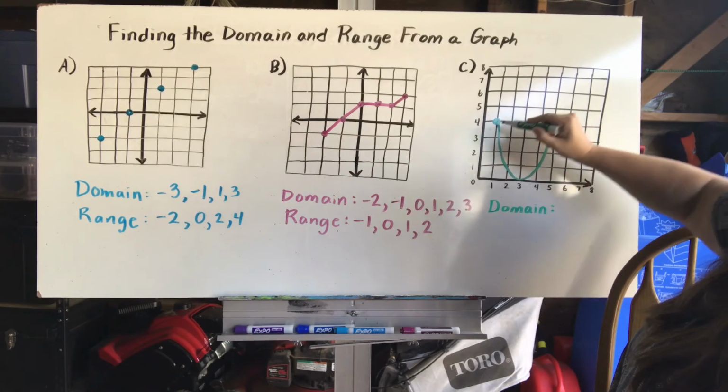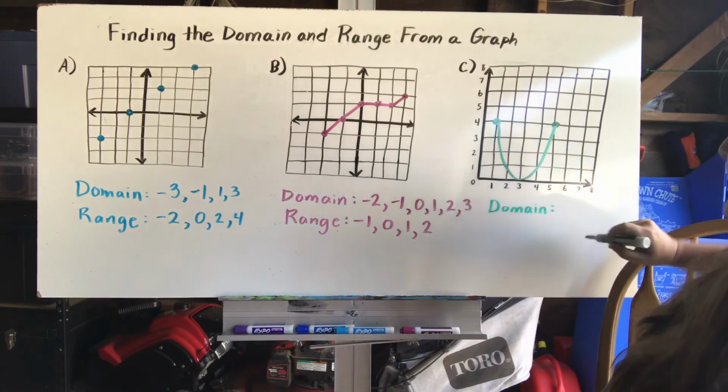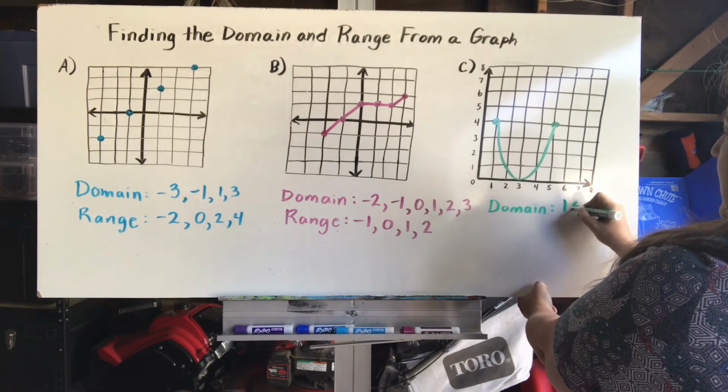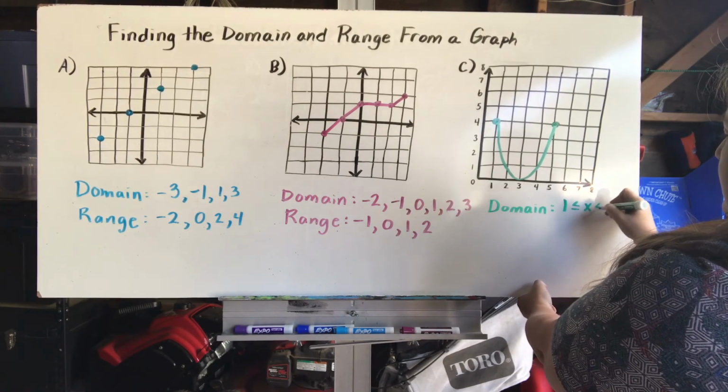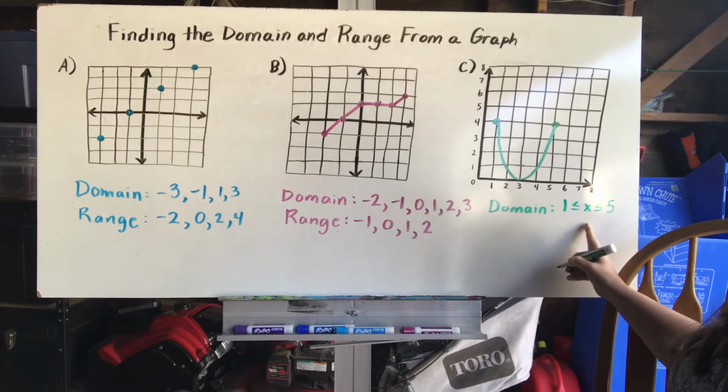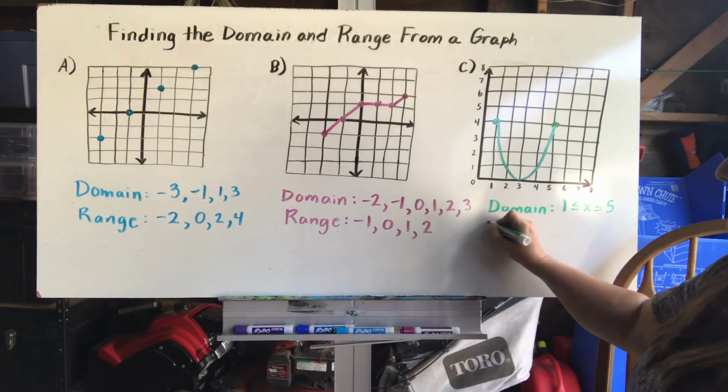It never goes below 1 or above 5. So I could say for my domain that 1 is my kind of bottom, my minimum, and 5 is my max. So I could write an inequality for my domain.